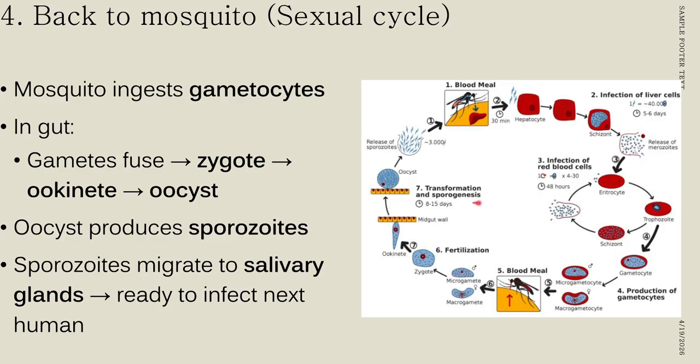This transformation and sporogony take about 10 to 15 days, and these oocysts produce sporozoites, and sporozoites migrate into the salivary glands of the female Anopheles mosquito. When this mosquito again takes a blood meal, it is ready to infect the next human.